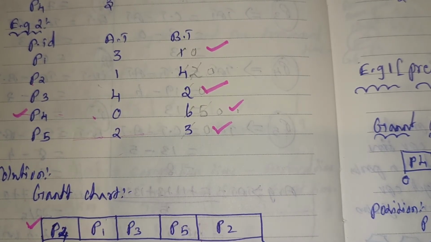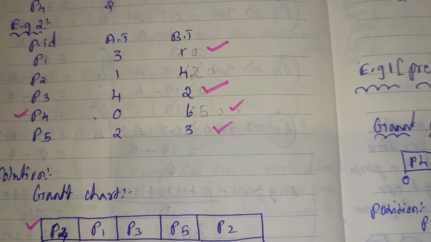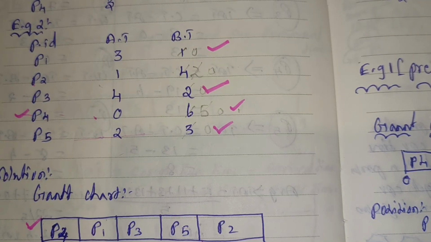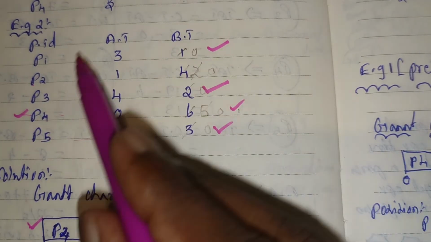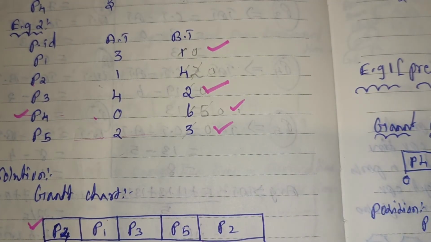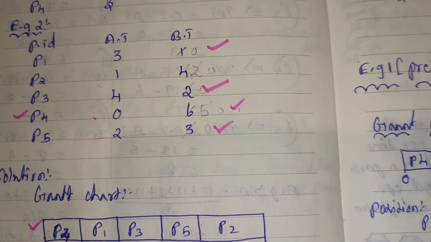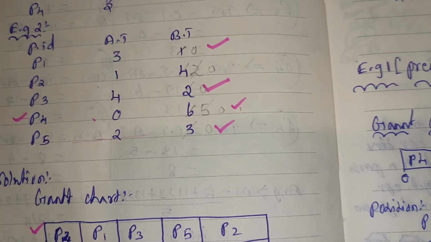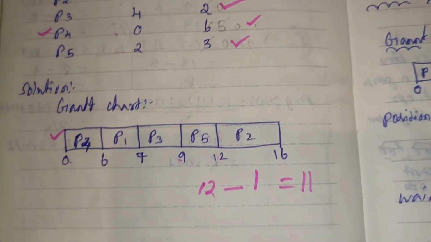So 12 minus 1. P2 is waiting for 11 minutes. So this is how this process works. We need to check each and every process one by one, and the values have to be calculated.